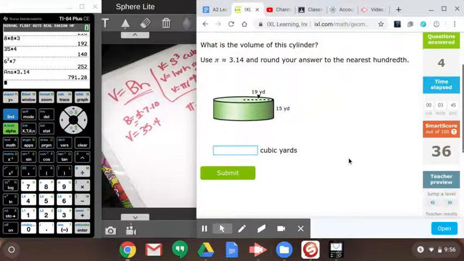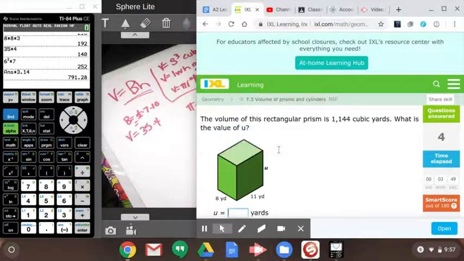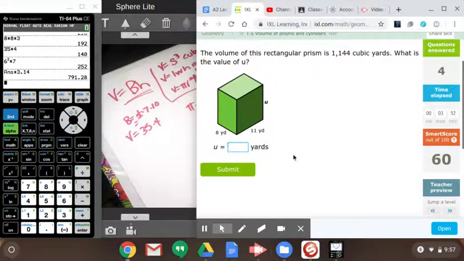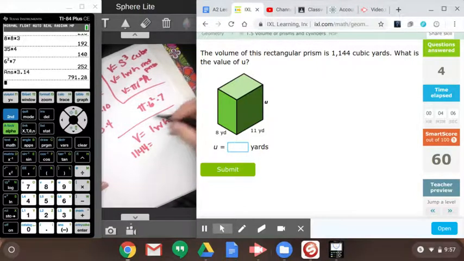Super. All right. Now we're going to see what happens if we jump a level. Ooh, nice one. All right. So if they tell you the volume, and this is a rectangular prism, that's length times width times height. So we're going to put in the volume over on that left-hand side, and I'm going to move this so you can see it. And then we're going to do 8 times 11 times u.